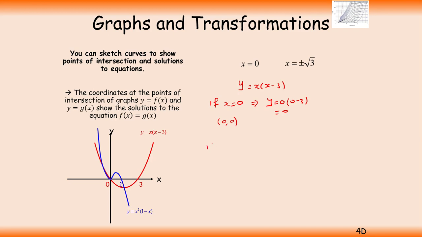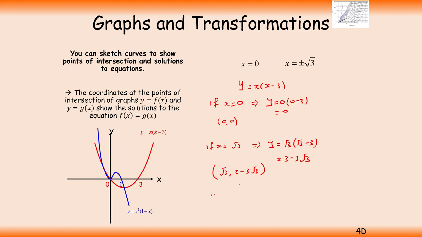Then if x is equal to the square root of 3, that's going to mean that y is going to be equal to the square root of 3 times the square root of 3 minus 3, which is 3 minus 3 root 3. So that's root 3 and 3 minus 3 root 3. That's my next set of coordinates. I suppose I could have factorized that.